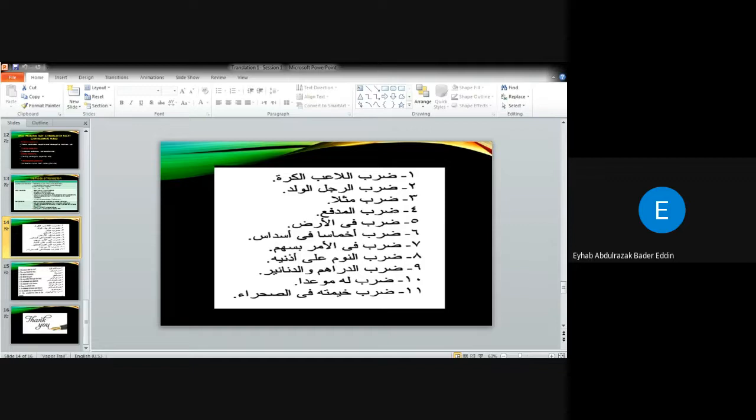The word ضرب is common in all of the 11 sentences, right? Yet in each one of them, it has a different meaning. So ضرب اللاعب الكرة here means ركل, the same as to kick, while the second one, ضرب الرجل الولد, here it means to beat, right? The third one ضرب مثلا to set an example, and so on.